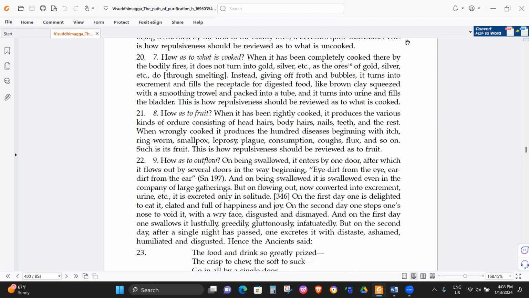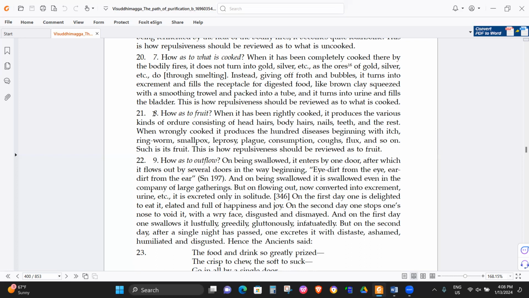When wrongly cooked, it produces a hundred diseases, beginning with itch, ringworm, smallpox, leprosy, plague, consumption, cough, flux, and so on. Such is its fruit. This is how repulsiveness should be reviewed as to fruit.